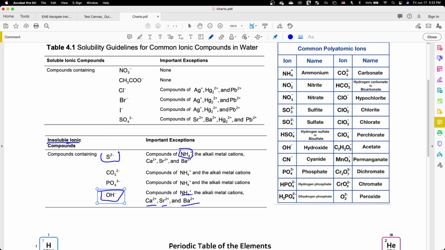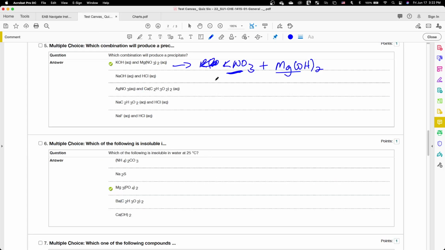Magnesium is not listed in that chart, and so then we know that we didn't even have to check all the other ones, because the magnesium hydroxide we already know is insoluble, and that's going to be the precipitate.